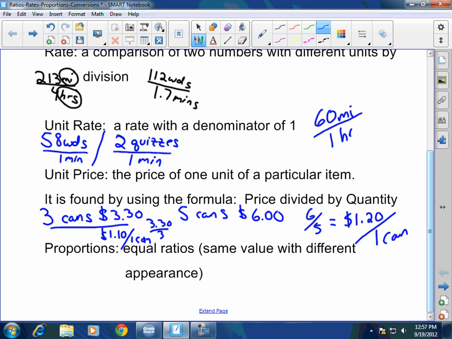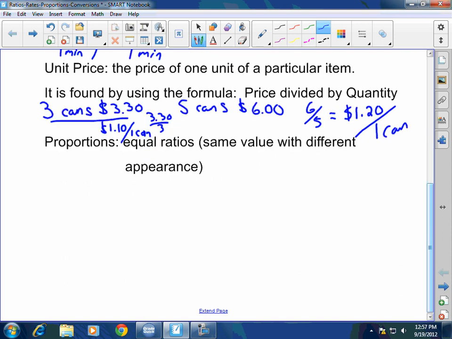Okay. Proportions. Proportions are equal ratios. They have the same value with different appearances. How do you know if two ratios are proportional? Well, if you cross multiply them and compare their cross products, if the cross products are equal, they are proportional.